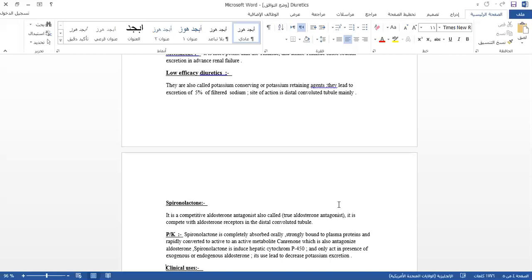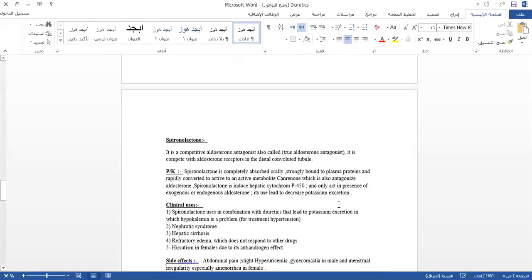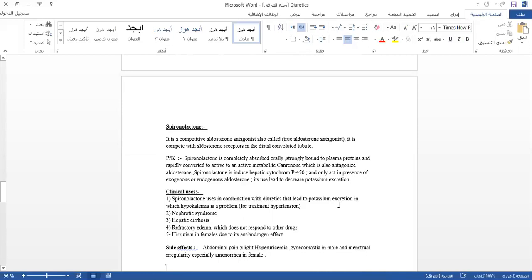It competes with the aldosterone receptor in the distal convoluted tubule and reverses its physiological action, enhancing excretion of sodium, about 5%, while conserving potassium and hydrogen in our body.